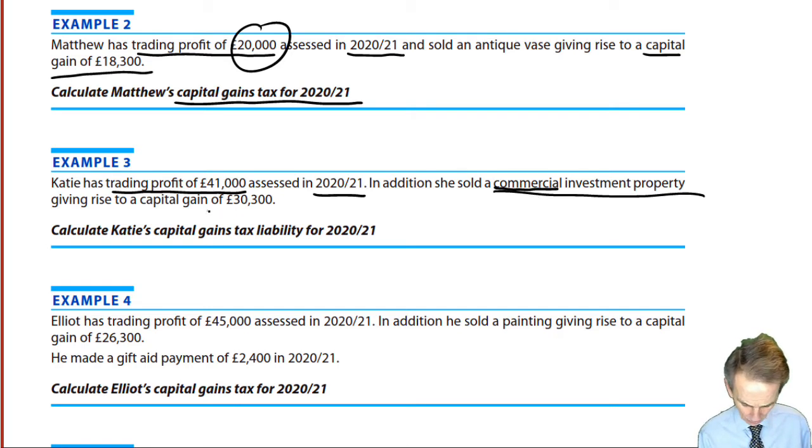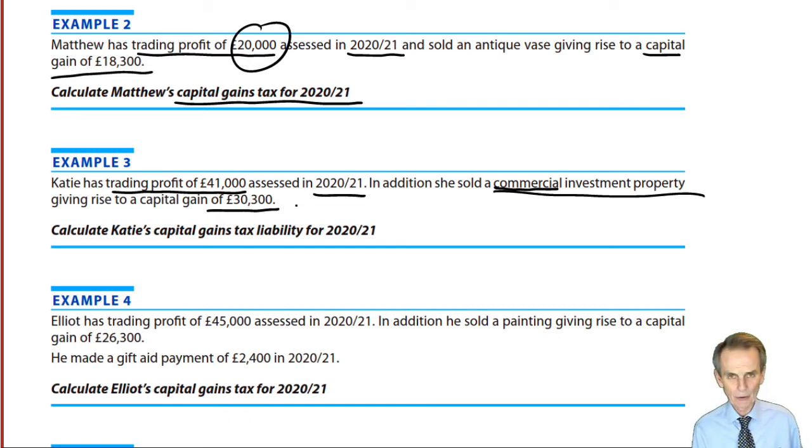And again, we're told what the gain will be, just over £30,000. So in each of those two examples that I want you to have a go at now, we are given income and gains figures. You've got to calculate the taxable income and the taxable gain, and then put that information together to work out the CGT liability. Shouldn't be a problem for you, so over to you now.